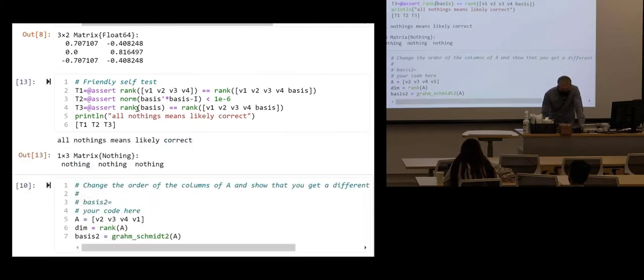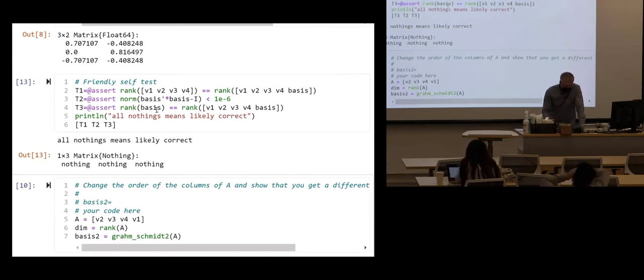Okay, so now it's saying the number of linearly independent vectors here is the same as here, so I have enough vectors here to generate everything in V1, V2, V3, V4. So that's asserting the spanning condition, and et cetera.